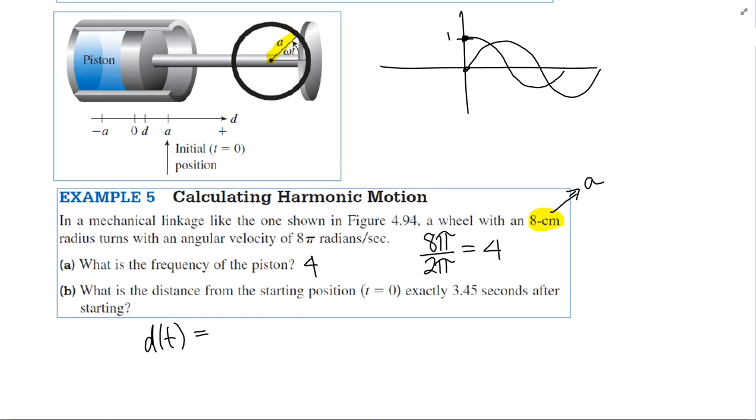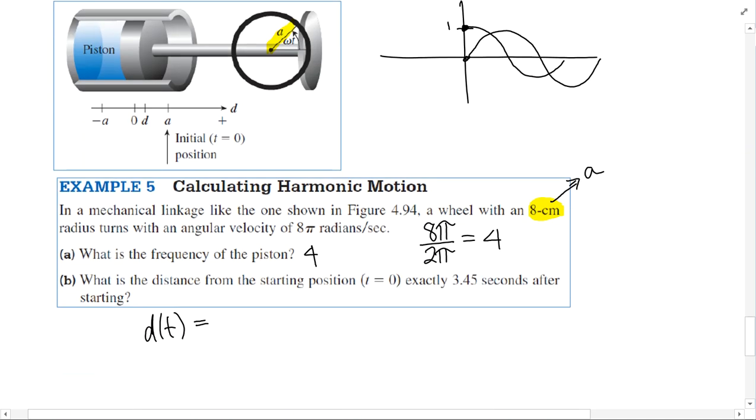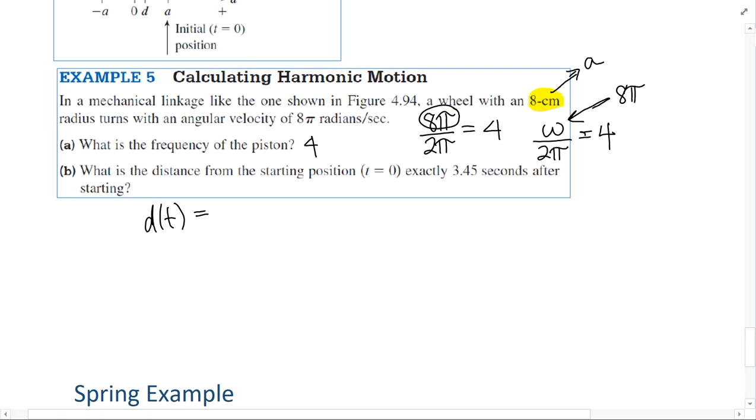Remember this formula: omega divided by 2 pi is the frequency. We already have the frequency is 4. So omega divided by 2 pi is 4. What's omega? Just multiply both sides by 2 pi, so omega is 8 pi. So our equation is going to be 8 times the cosine of 8 pi times t.